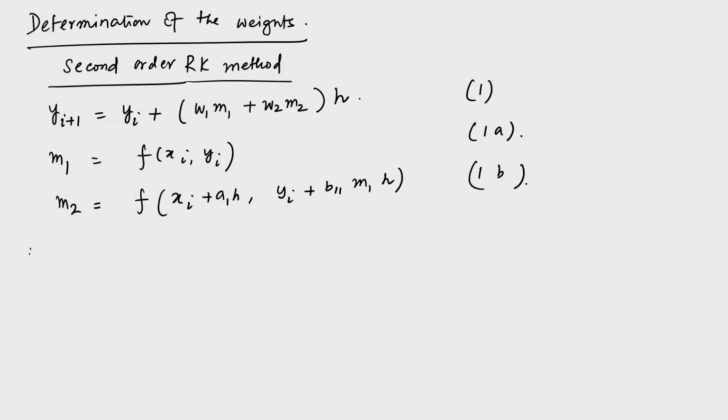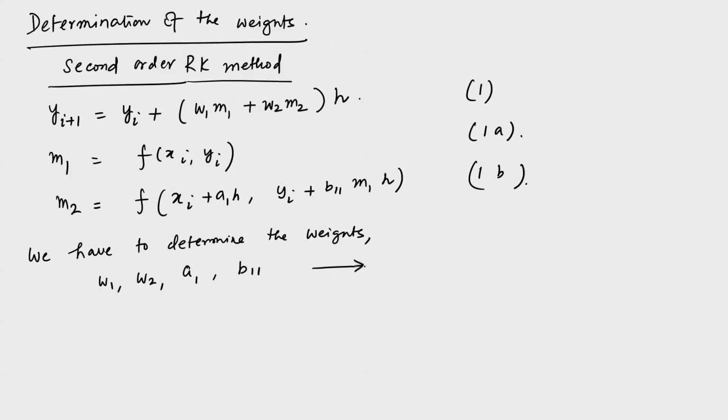So, we have to determine the weights. So, how many unknowns are there? You have w1 unknown and w2 unknown, a1 unknown and b11 unknown. Okay. So, these are unknowns.